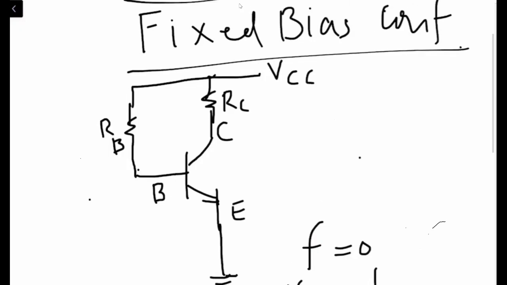Are you with me now? Yes. Right? So this is the first step, that for DC analysis, we will take out the input side and the output side signals, and because these signals were connected through the capacitors C1 and C2, we are left with this circuit, right?